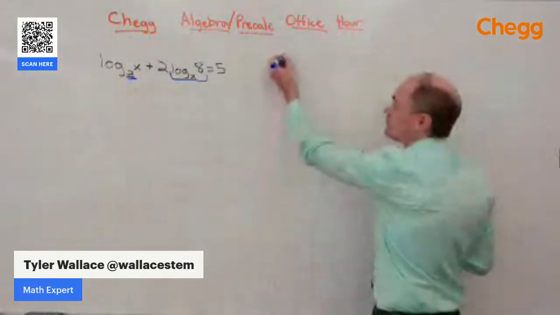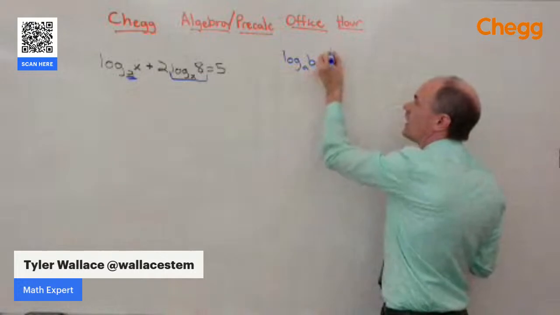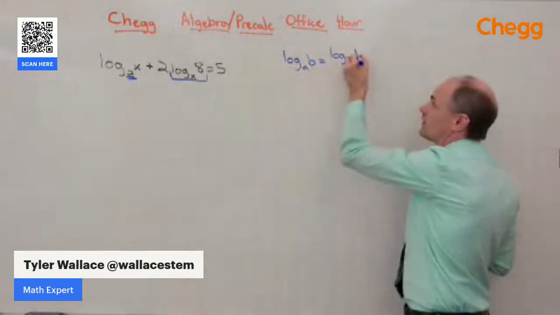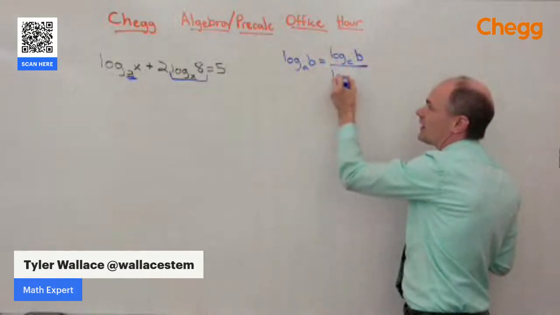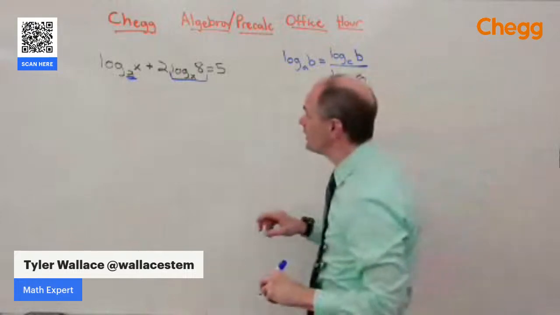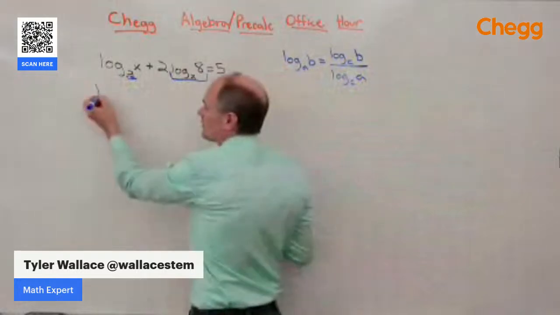And the way we can change a base, you remember the change of base formula: log base a of b, I can change this by taking the log of the number, the input, and dividing by the log of the base. And that's what we're going to do. Our new base is going to be 2.